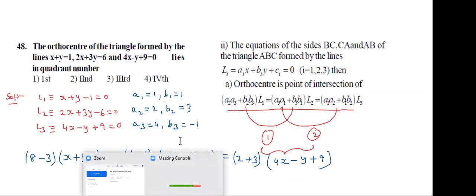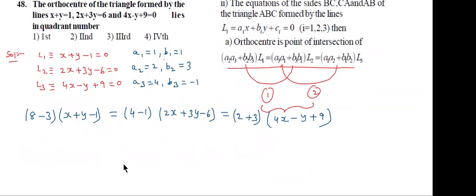These are the three terms. Now calculate this. 8 minus 3 is 5. Comparing these, we get 5x plus 5y minus 5, that is equal to 4 minus 1, 3, 3 2s are 6, 6x plus 9y minus 18.